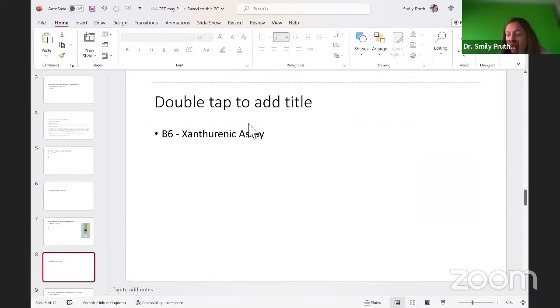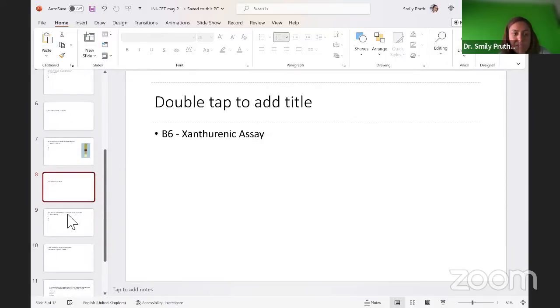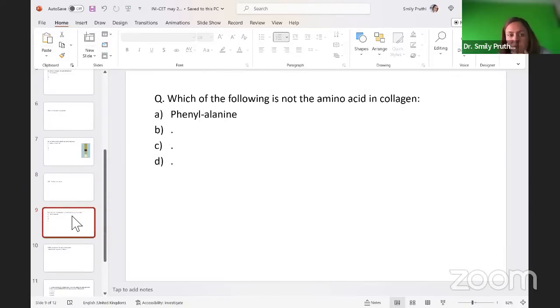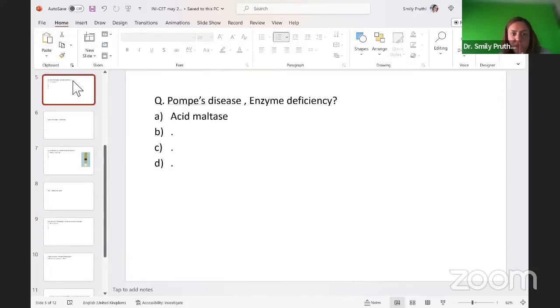Then there was a question on xanthurenic acid, vitamin B6. If you remember the exact question, do let me know. Then there was a question: which of the following is not the amino acid in collagen? Okay, Deepak Kumar is saying acid maltase was not in the option for Pompe's disease. Acid maltase was not in the option.